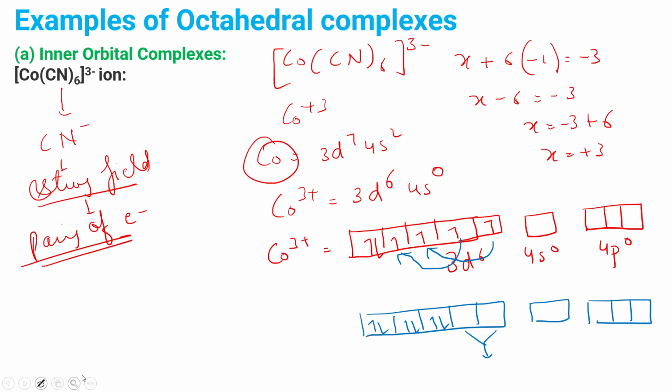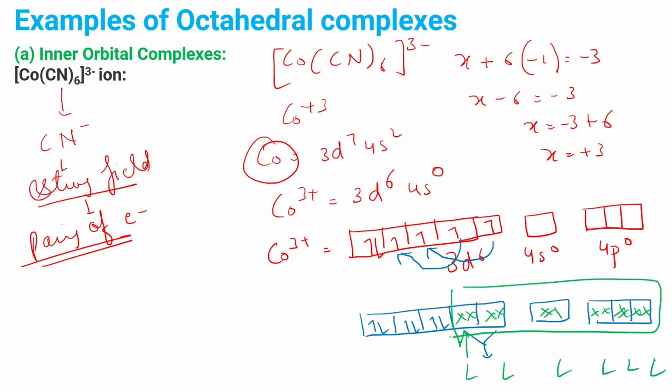Now the 6 ligands will donate their electrons, 1, 2, 3, 4, 5 and 6. Each ligand will donate 2 electrons over here, over here, like that. Okay.